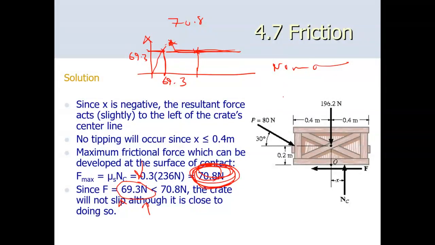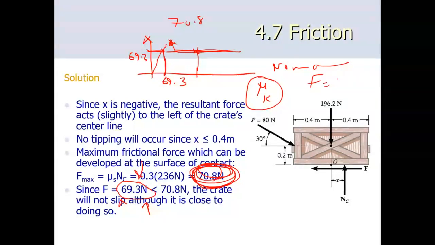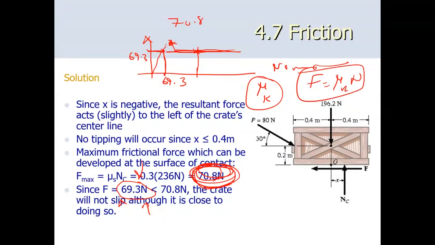Because we don't have any knowledge regarding the kinetic coefficient, if I knew the kinetic coefficient and by calculating the friction force equal to mu k N and comparing that with this one, that's the only way I can say that's a motion zone, because there is no information regarding the kinetic mode. I can only conclude that this box is in the no motion zone. It doesn't move. The force is not large enough to get this one started.